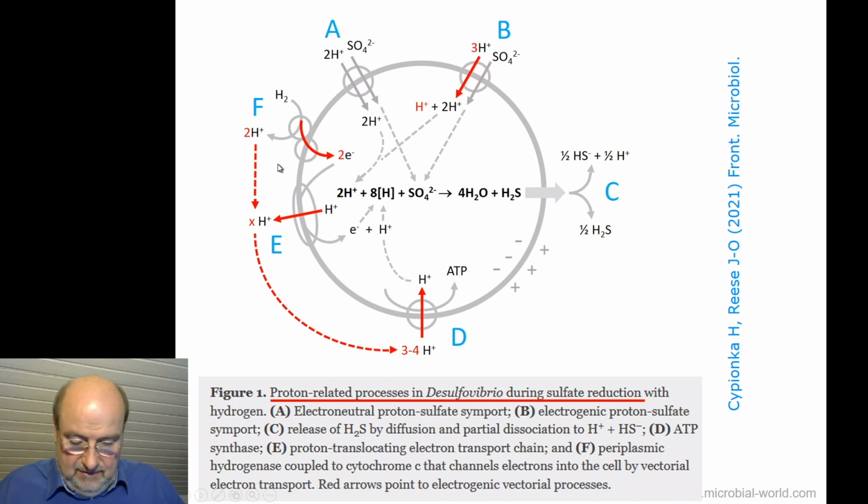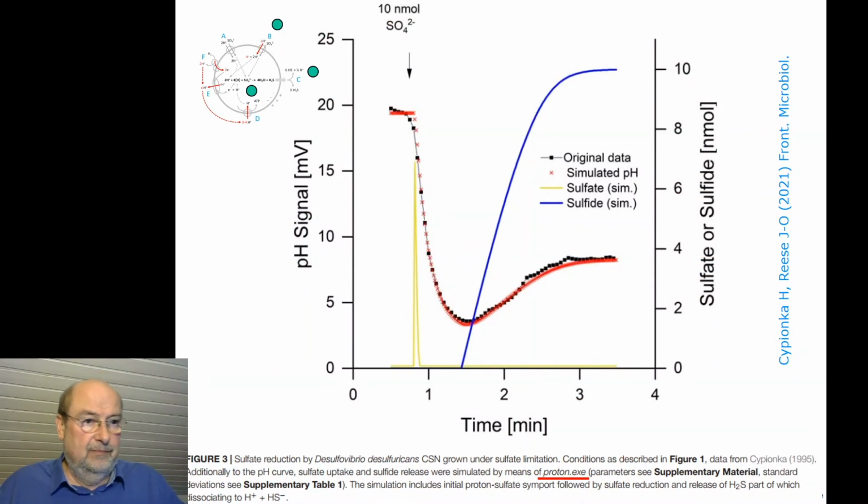Yeah, all of these things can be seen, and that makes it really interesting to make a simulation of that. And here is again what the simulation program Proton-exe can produce from that. So we have in this case the electrogenic transport, very rapid.